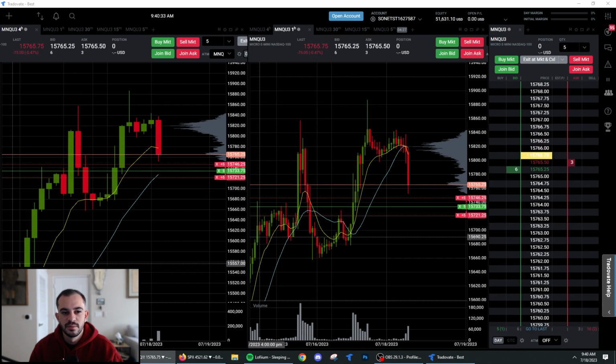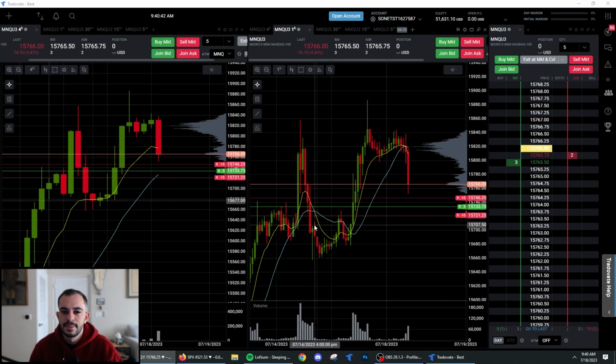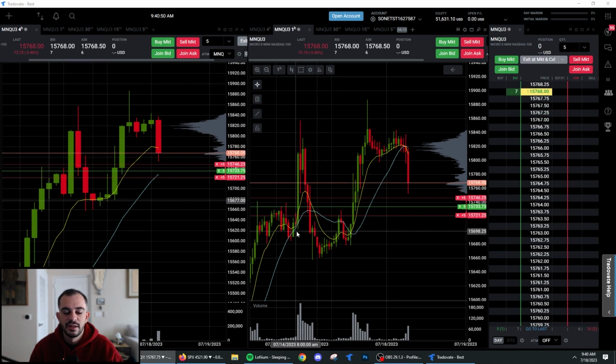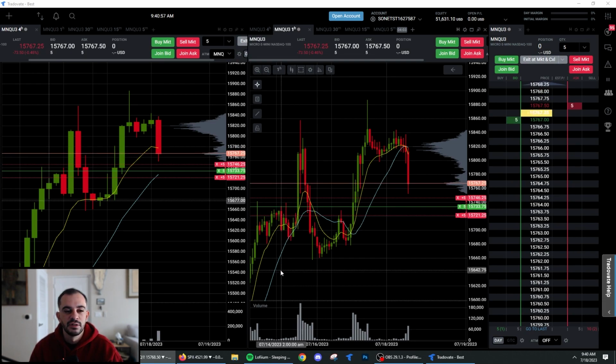You want a nice sharp drop into that level. You want to see the buyer show up, show that it is support, and we are going to hold that. If you get to grind down, more times than not, you'll end up grinding right through that level rather than actually getting that bounce you're looking for off of it.